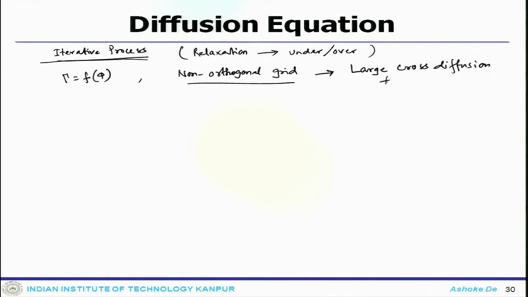If you have a non-orthogonal grid, then you have a large cross diffusion term or contribution.